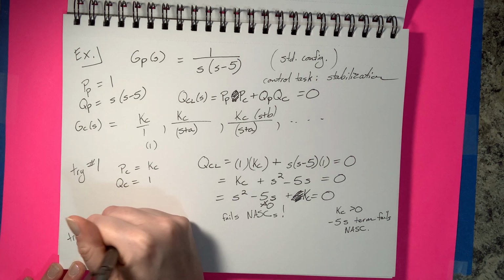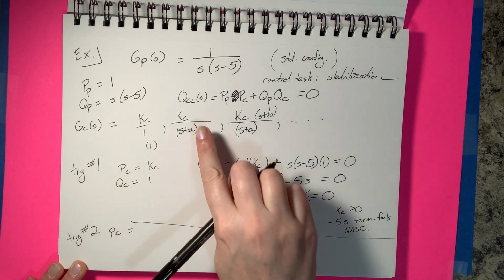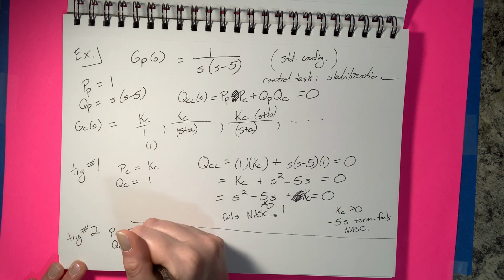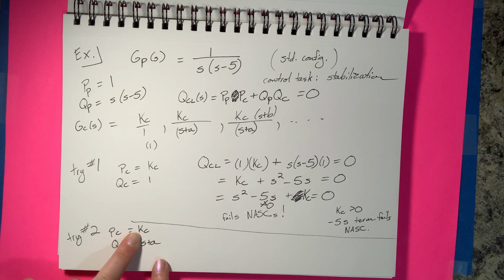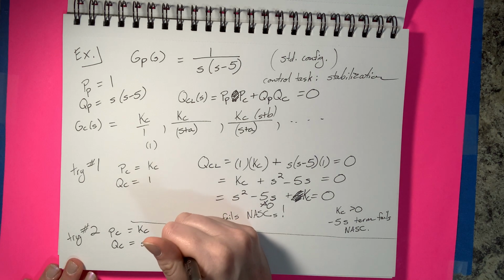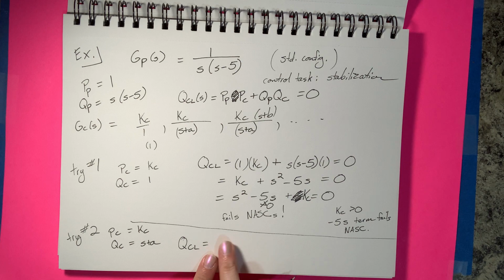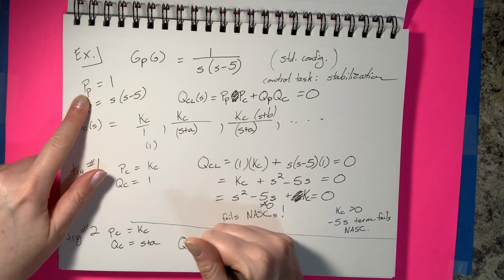So PC in this next case is going to be still KC, but we are going to have a QC that is less trivial, so S plus A. Now I have KC and I have A involved in the equation. So let's write out our QCL. We plug in P sub P, and that is 1.